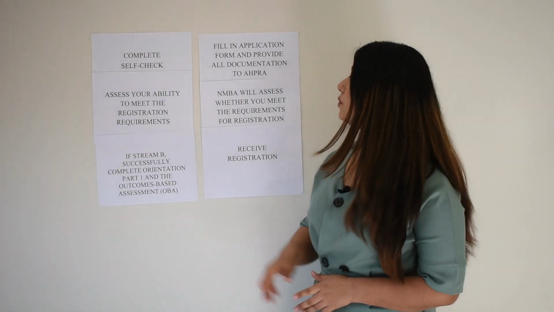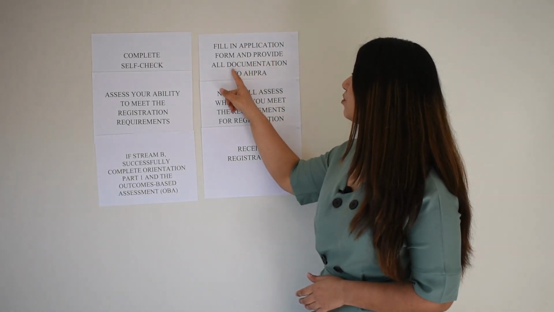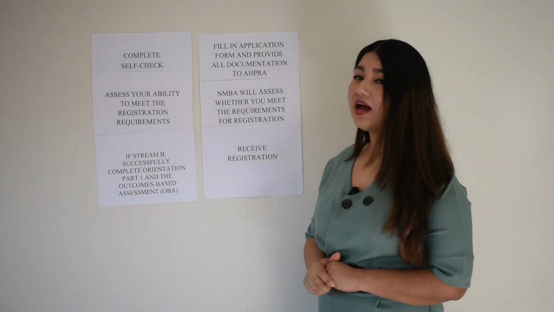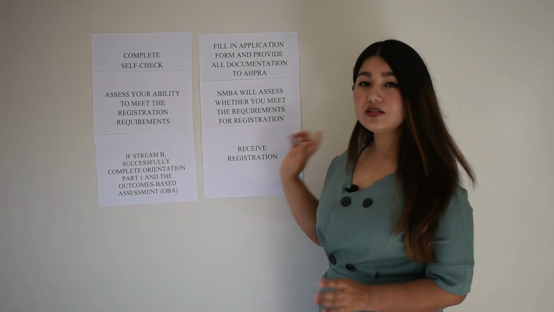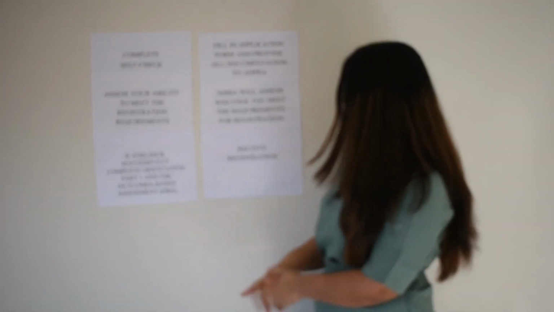The next step is to fill in the application form and provide all documentation to APRA, and then NMBA will assess whether you meet the requirements for registration. The final step is to receive your registration, yay, and then you are finally a registered nurse of Australia.